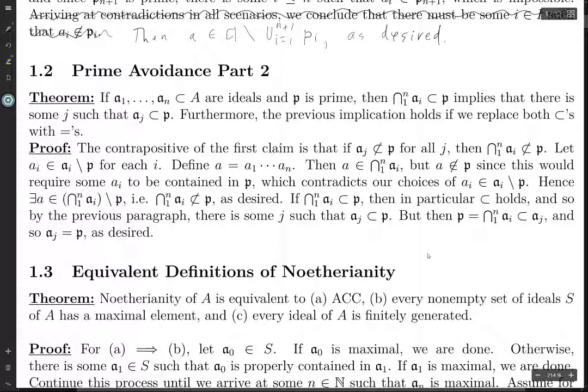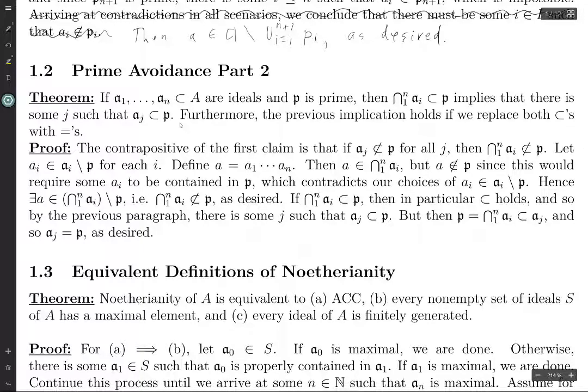So next part, prime avoidance part 2, similar but different. Easier. So if you have ideals A_i which are contained in A, and P is a prime ideal, then if the intersection of the A_i is contained in P, we want to prove that A_j must be in P for some j, and furthermore, if this intersection is equal to P, then there's some j such that A_j is equal to P. So again, just like in the last proof, we're going to use the contrapositive.